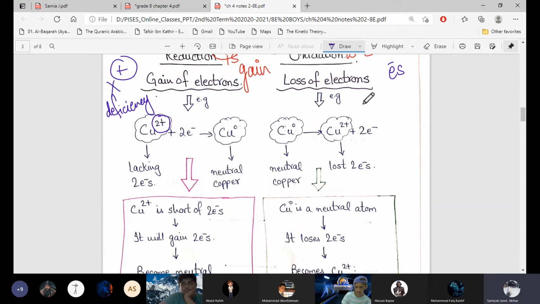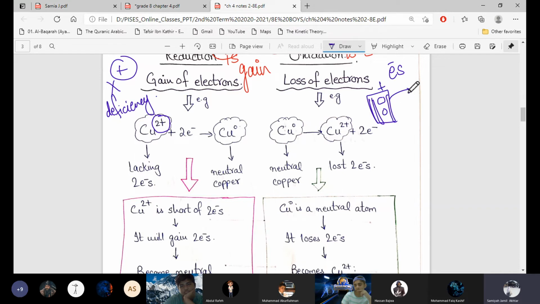For example, if I have a pencil box, there should be one pencil, one eraser, one sharpener, one scale. If I give my ruler to another student, then I have a deficiency in my box.